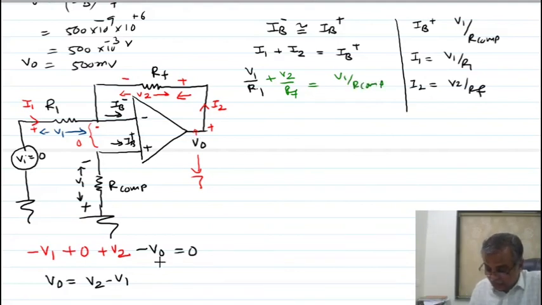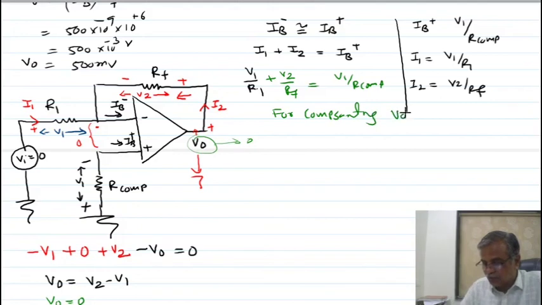Now I want VO to tend to 0. For the compensation technique, you are compensating this, so VO should be 0.